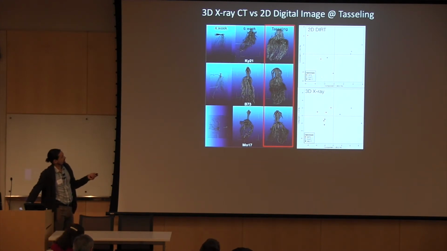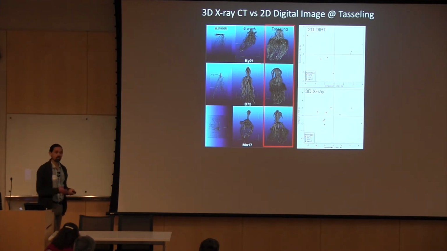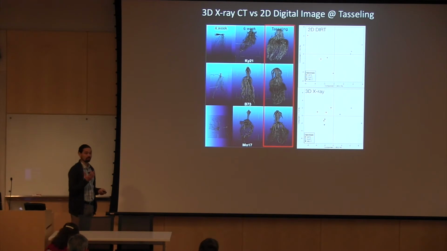At tasseling, this is a principal component analysis just to show you the 2D DIRT traits, all the things we can measure with that 2D software. Principal component 1 does a pretty good job of separating Kentucky 21, these dots, from B73 and Missouri 17, but it can't really separate B73 and Missouri 17. When we take the X-ray data into account, all of a sudden we can cluster B73, KY21, and Missouri 17 much better. I think that's because the information content's higher. It's allowing us to separate these things.